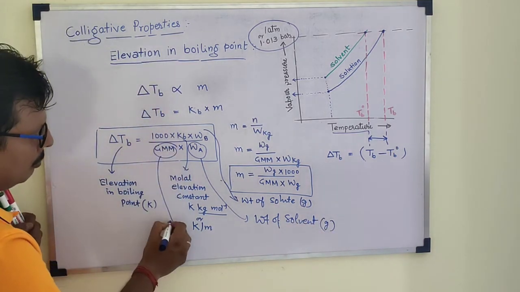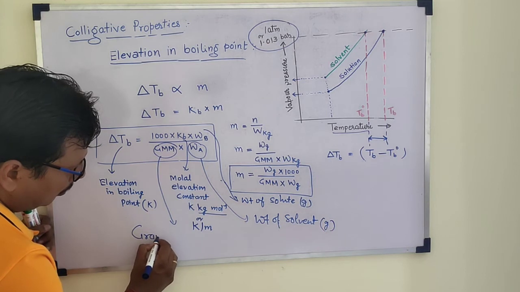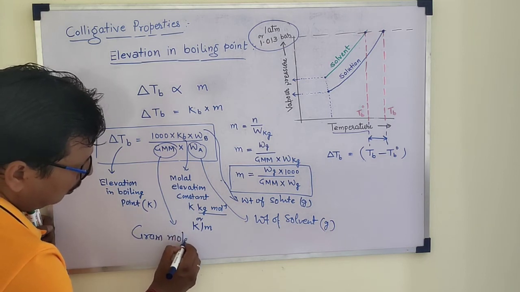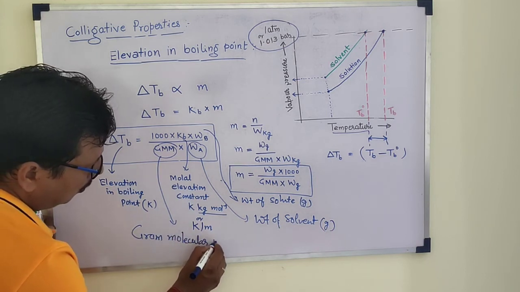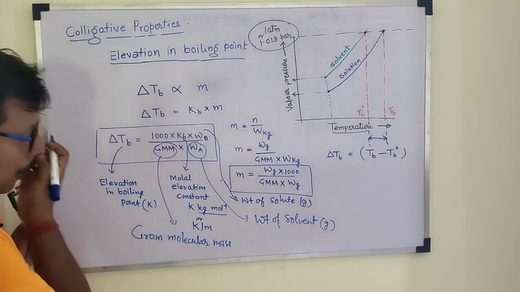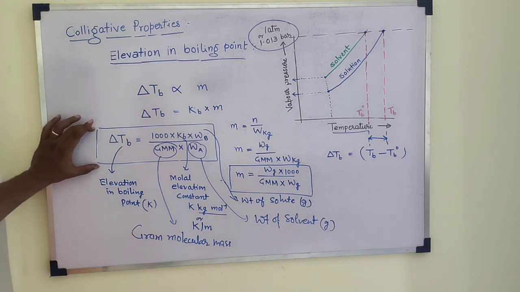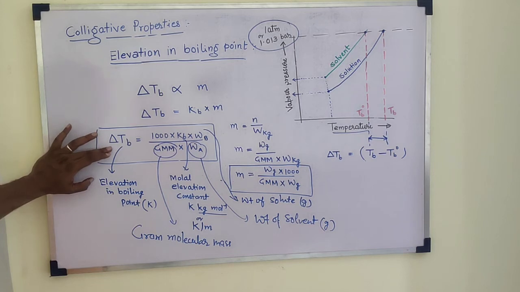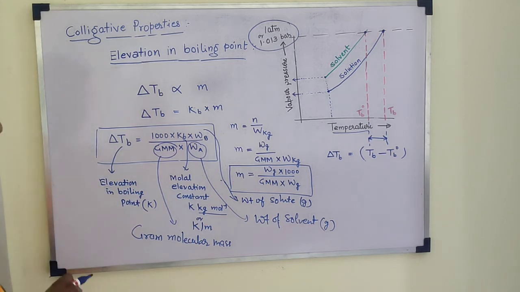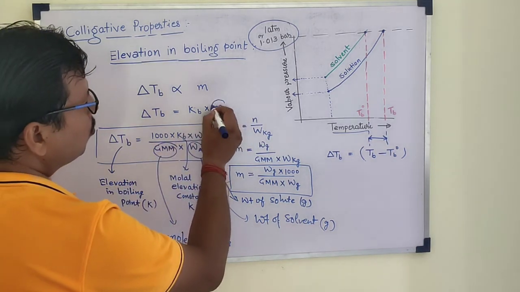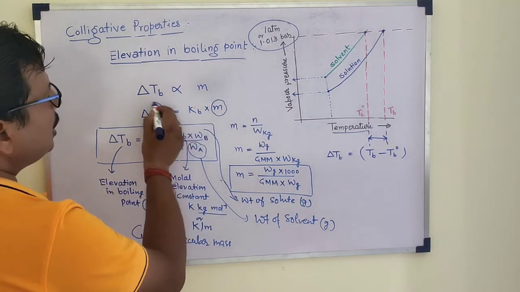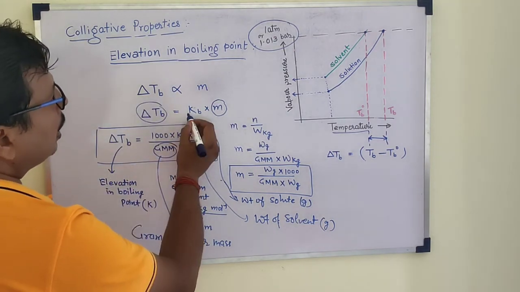GMM means gram molecular mass. Okay, so with the help of this equation, we can easily say that delta TB, that is the elevation in boiling point, depends on the molality, meaning it's a colligative property.